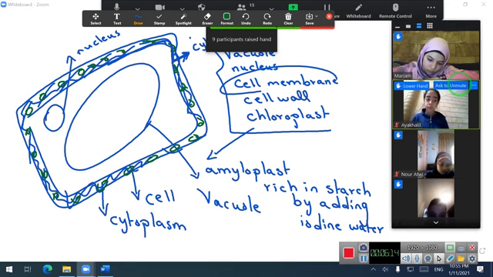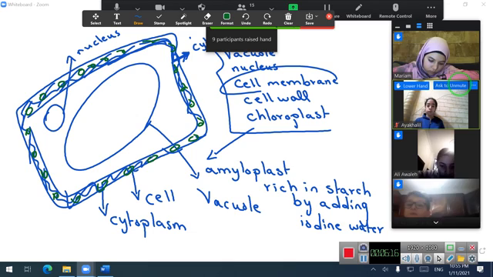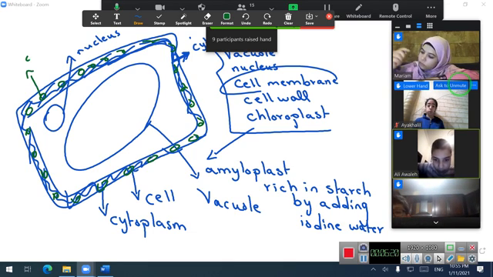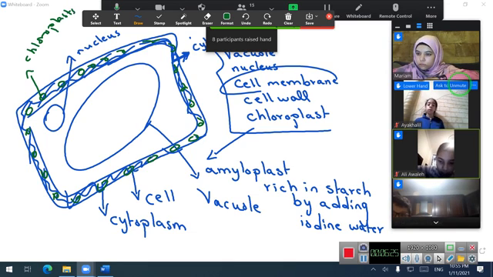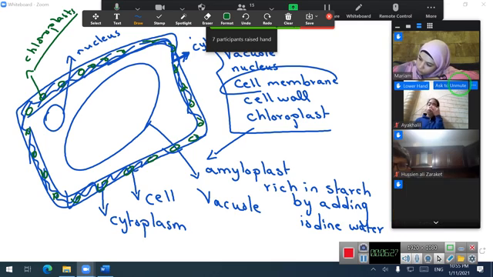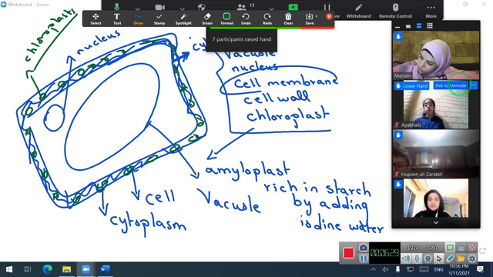Ali? No. Chloroplast. Chloroplasts. These parts are the chloroplasts. So, these are the main parts of a plant cell.